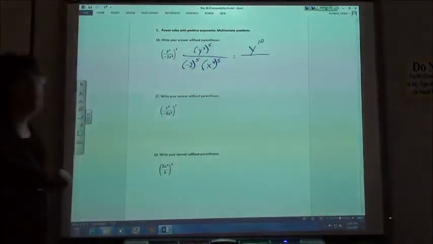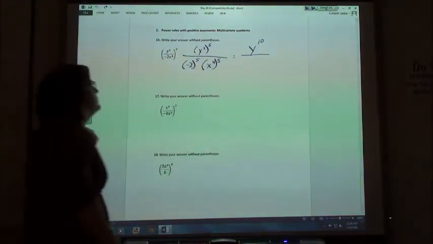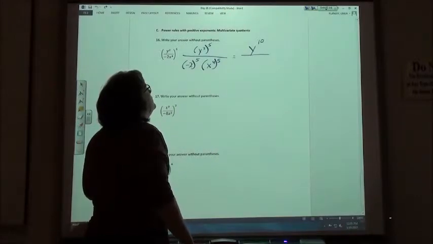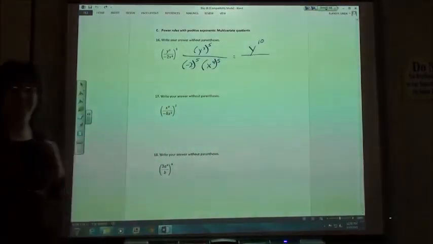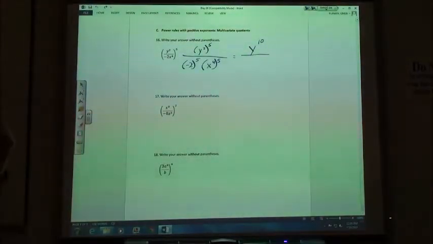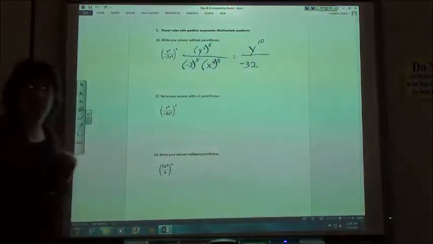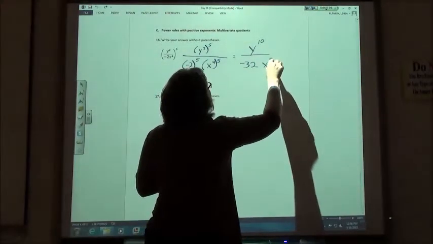If I do my negative 2 to the 5th power, negative 32. And if I do x to the 4th raised to the 5th power, x to the 20th.